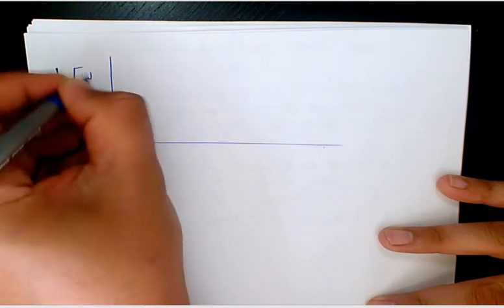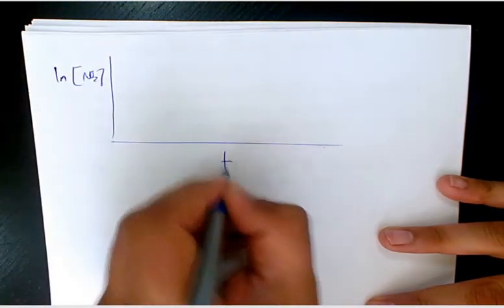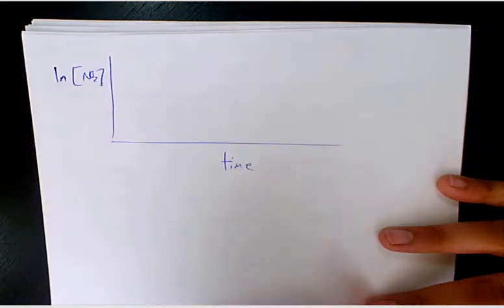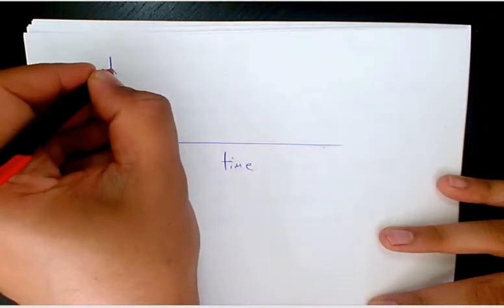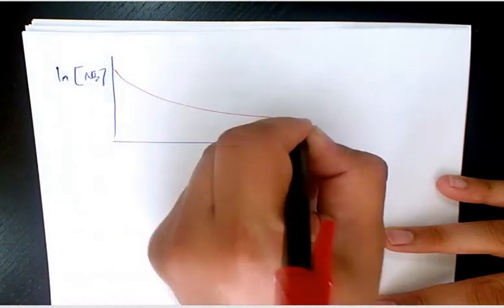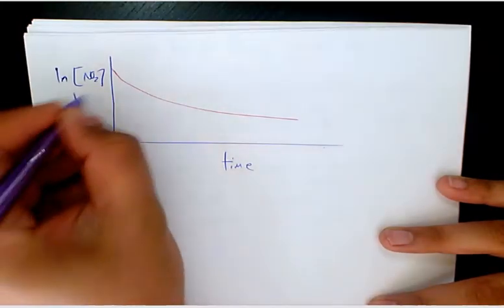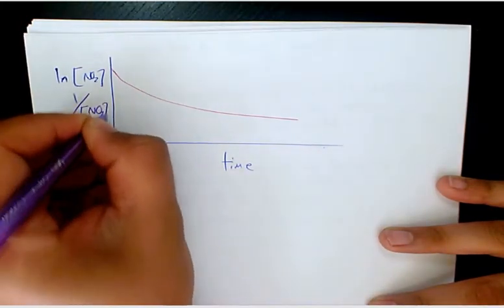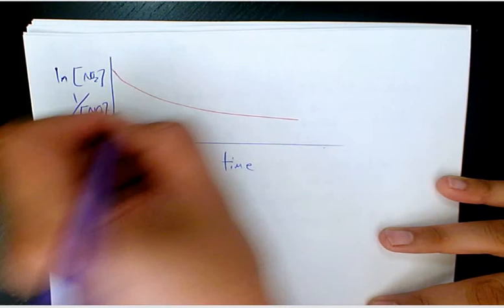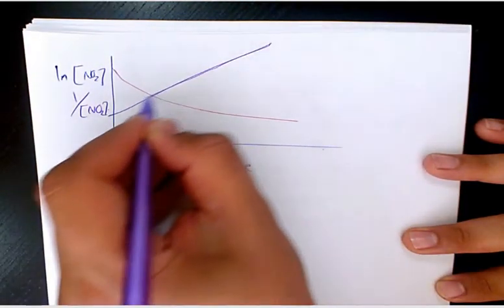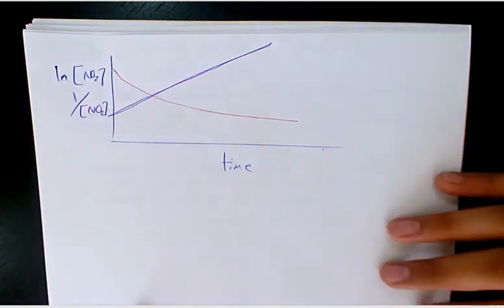So we have ln NO2 versus time. That's going to be something like this. And if you graph 1 over NO2, it's going to be something like this, which is a straight line.